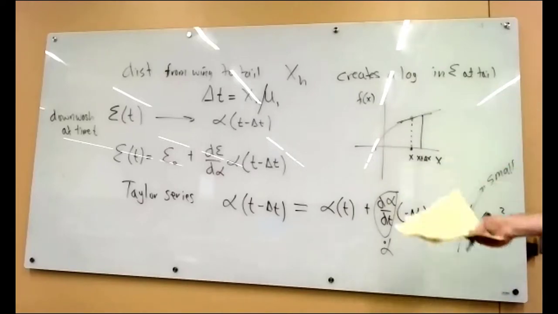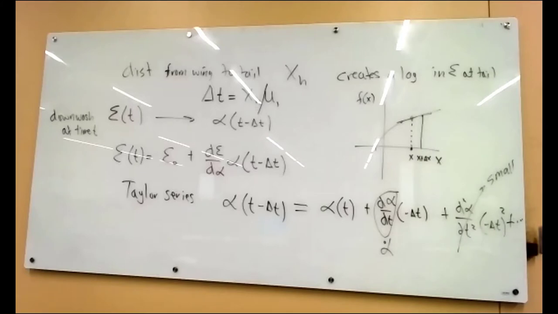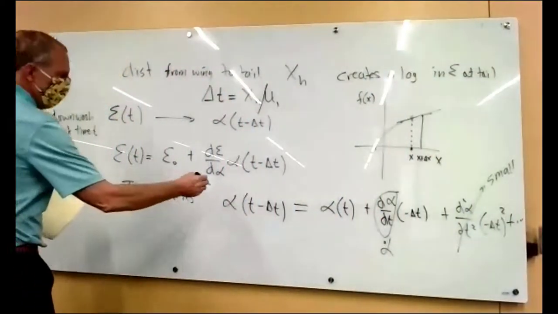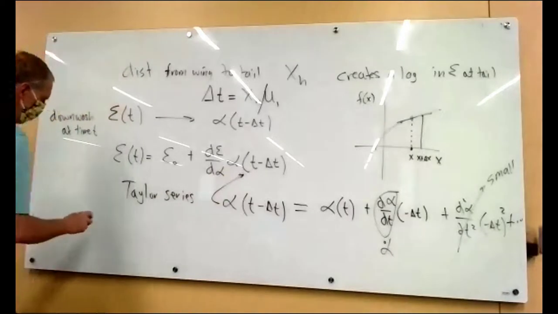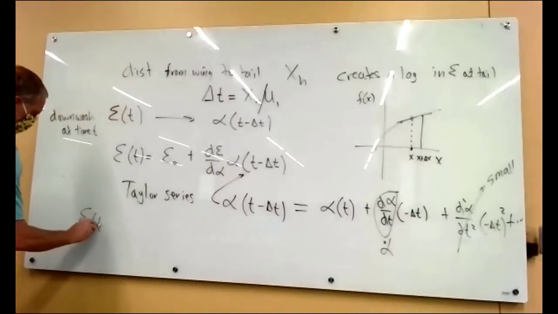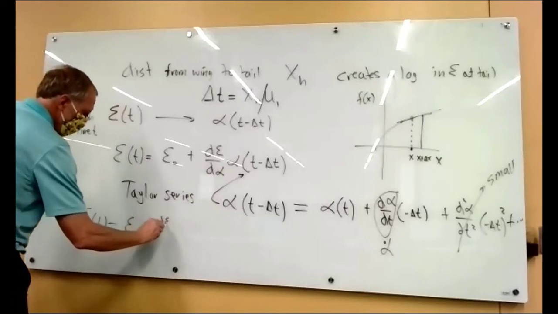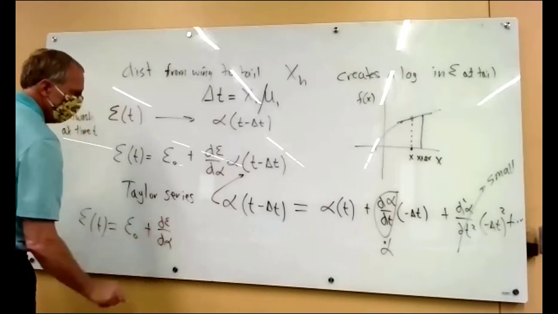So that's what ties into that k being a small number, is if alpha dot is small enough, then the second derivative is not so big. So if we go up here, that's how epsilon, the downwash, depends upon alpha dot. So that's the effect we're looking for.